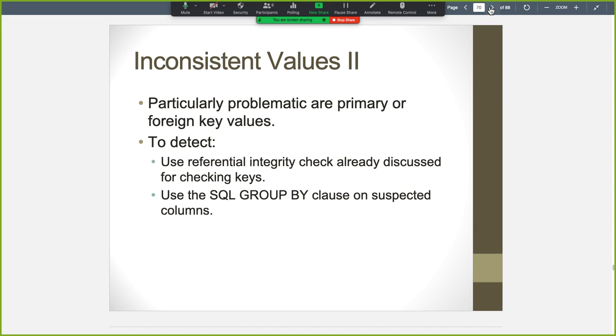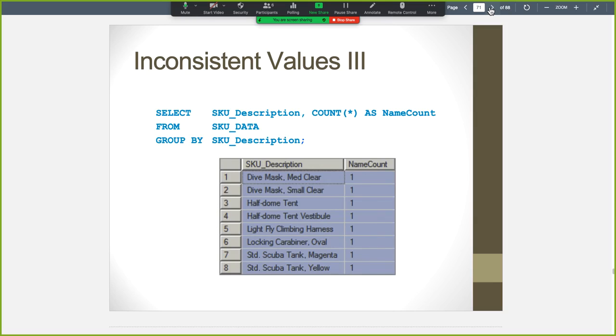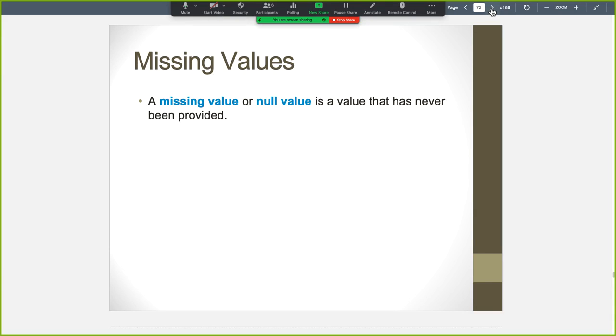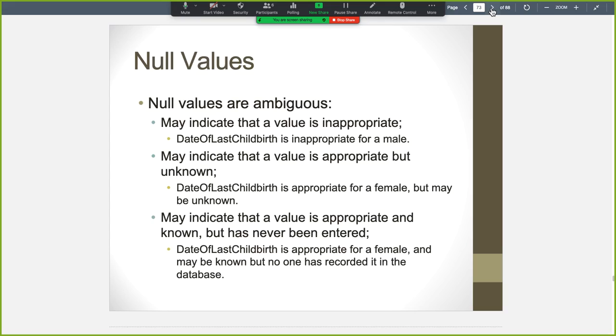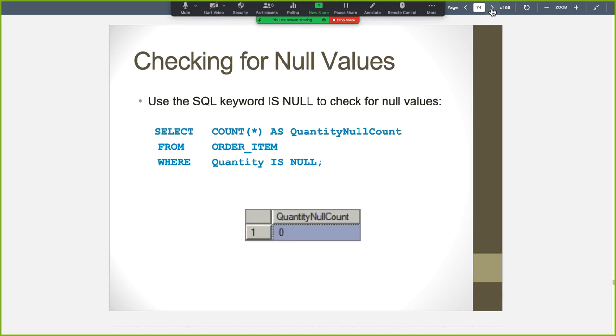And I'll skip a few slides to get into the right part. These slides are talking about consistent values and basically present you with a query that we can use. And I'll encourage you to look at those queries and see if you can use them in your project. Right? So we do have a semester project which will be given to you very quickly, in about 1 or 2 weeks.